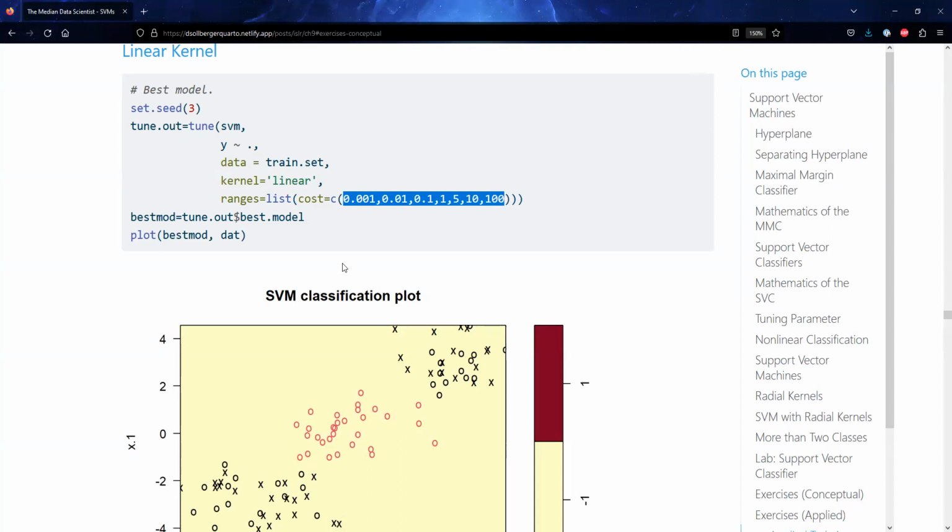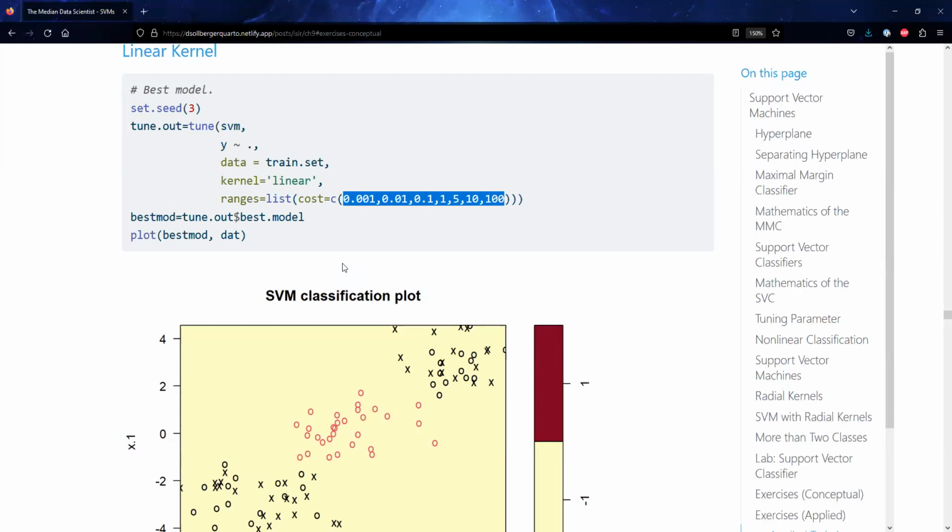Remember that, as we discussed last week, long story short, cost allows for a little bit of misclassification, some of the data being, say, in different colored dots, in a way that makes it actually easier for the classification or the separation of the data to occur. The higher the cost, the more misclassification that can happen.